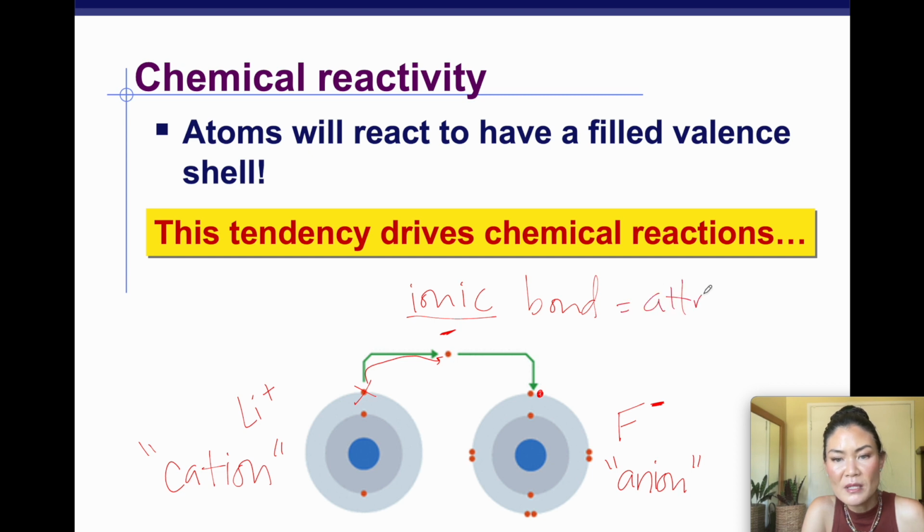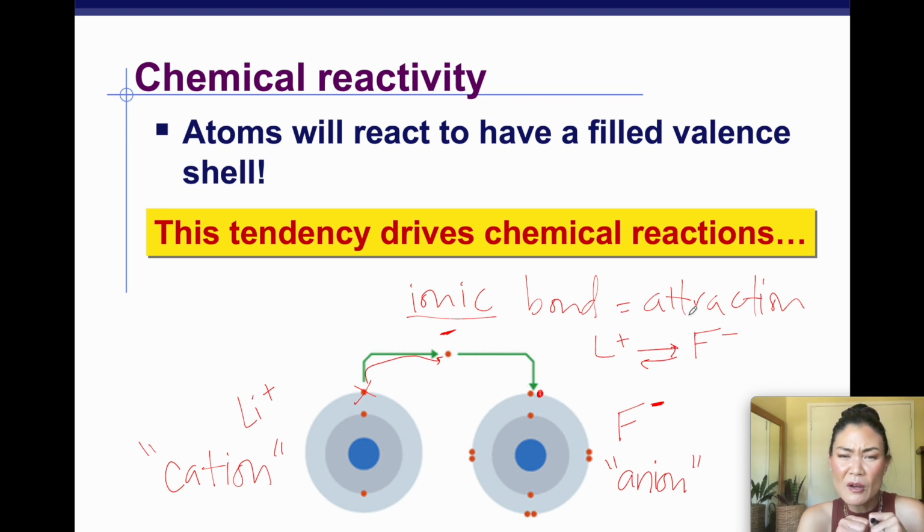Opposite charges attract. If you've got a positive lithium, it's attracted to the negative fluorine ion. They're attracted to each other. And so when they're attracted to each other, they come together, they get close together.